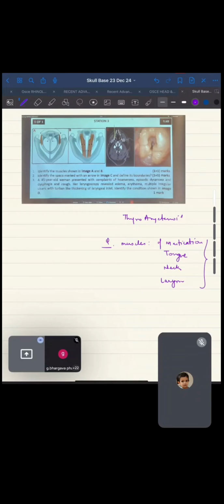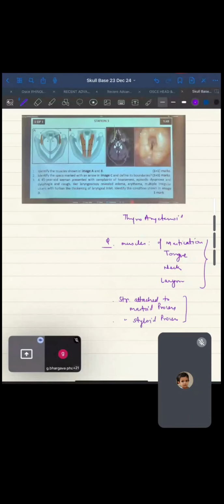And apart from that, structures attached to mastoid process, and similarly to styloid process. Okay, so please go through it. This is important.